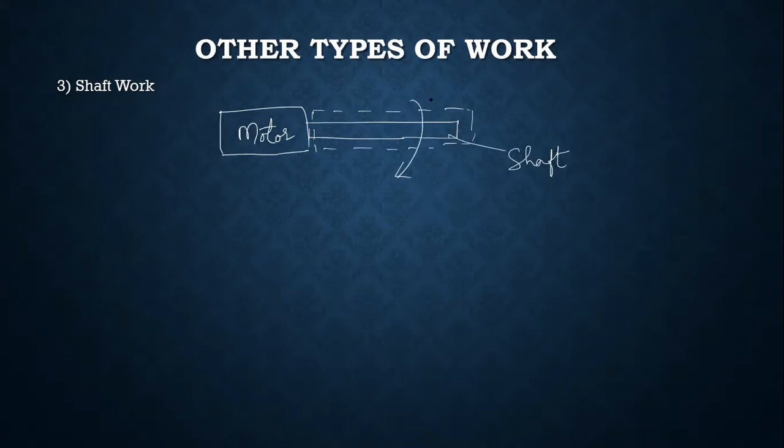Then it rotates with torque and a certain speed, let me take the speed as n. When a shaft taken as a system is rotated by a motor, there is a work transfer into the system.